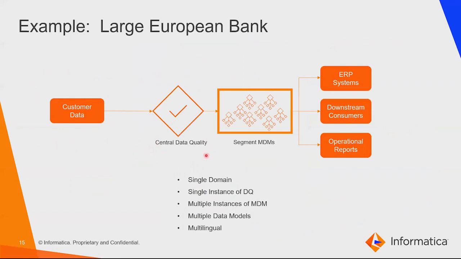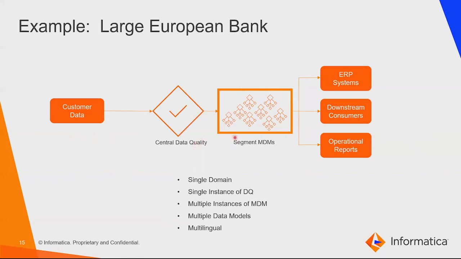And then once the data is routed to MDM, there are various segments of MDM, and these segments could be based on geography or language or other considerations that Shaurya has mentioned in the previous slides. Once the data is in these different segments of MDM, these are various segments, but are all still part of the single domain, which is the customer domain.